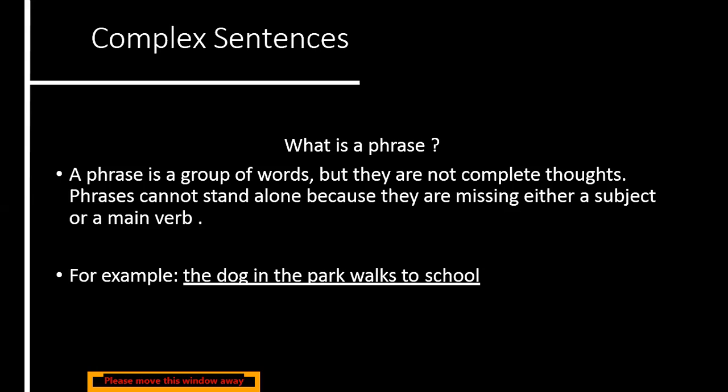How can you evaluate if it's a phrase or a complete sentence? By checking the parts of the sentence. You have a subject, the child, right? And you have the verb. What verb do you have? Walks. Walks, see?